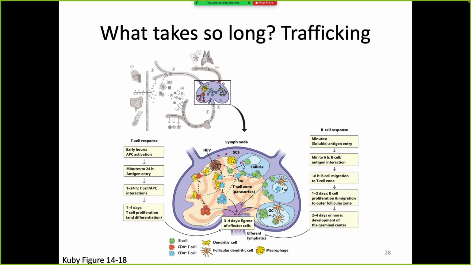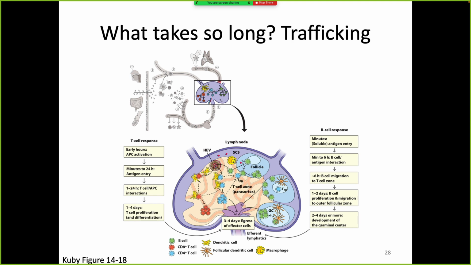For the T cell response, we are going to take up to 24 hours to get the antigen to the place where it needs to be. And we're going to take up to 24 hours to get the T cell and the antigen together.